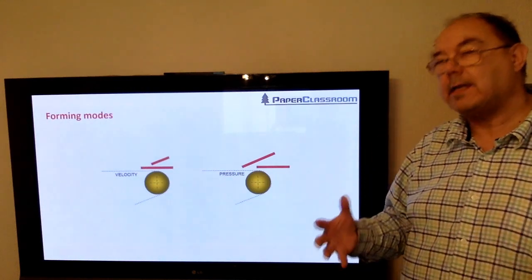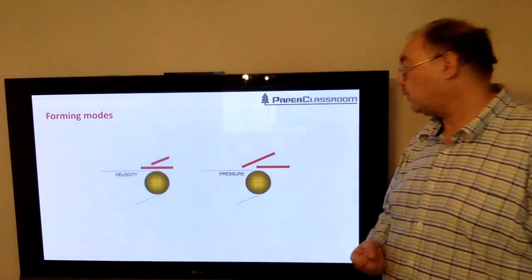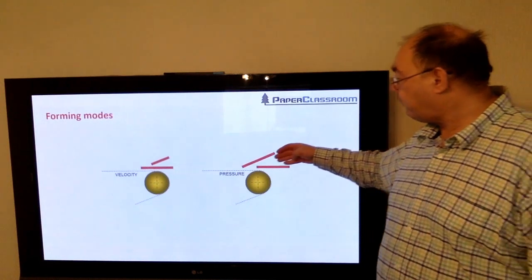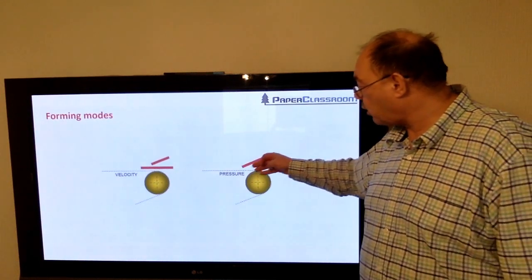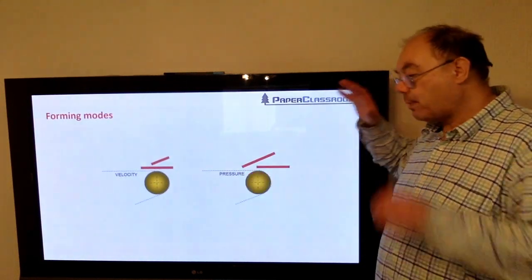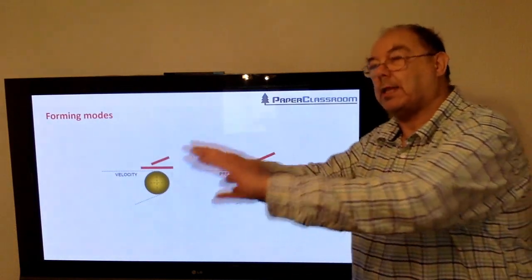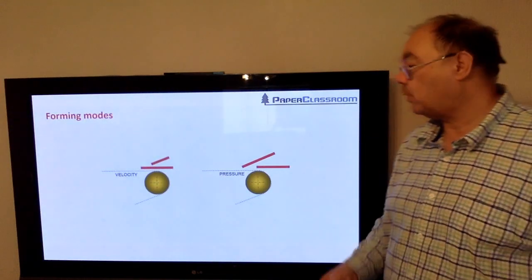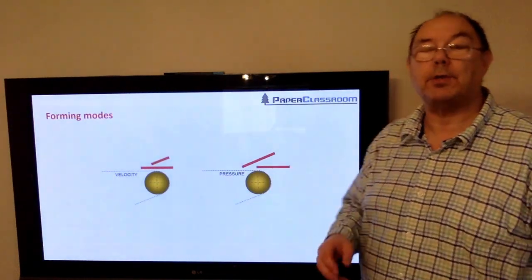So you need everything you can to help you get rid of all this extra water. So in pressure forming mode, we're actually forcing the water, the stock, through the wire. So we're not just allowing the stock to land on it, we're physically pushing it through to get rid of all that water. So that's the pressure forming mode.